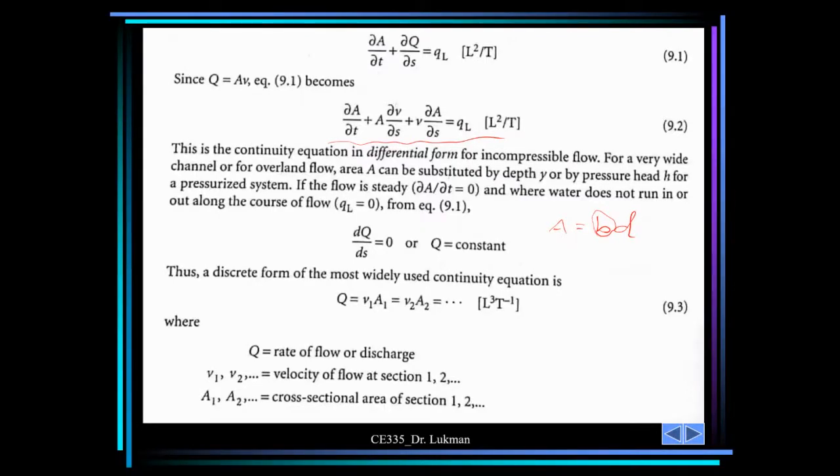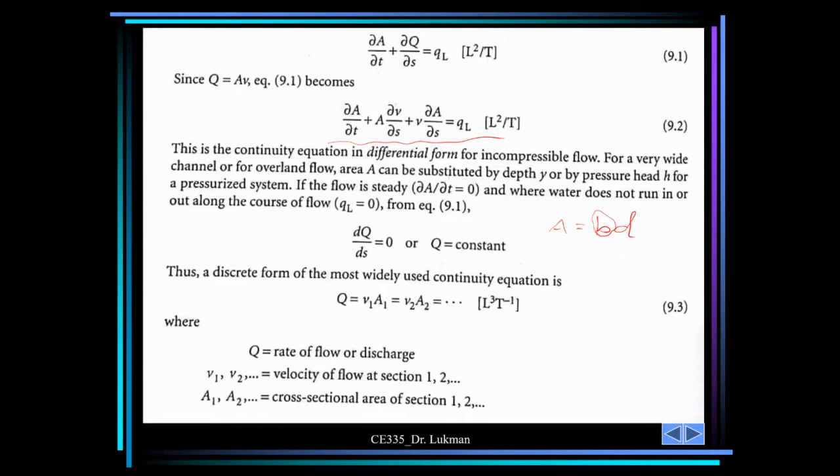If flow is steady, we have dA/dt equals 0. For steady flow, the area doesn't change with time because steady flow implies that the flow properties do not change with time. These flow properties include the cross-sectional area, the velocity, and the flow rate.